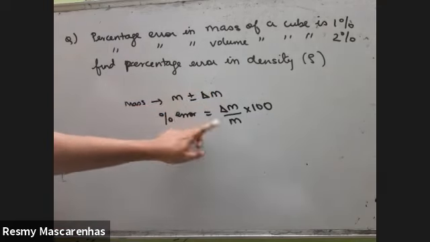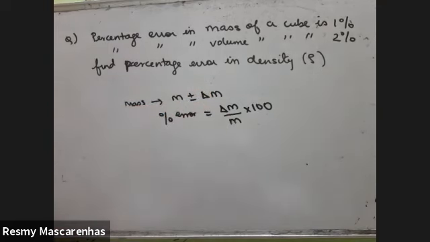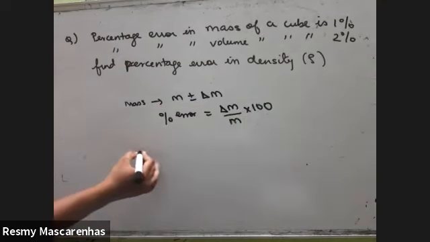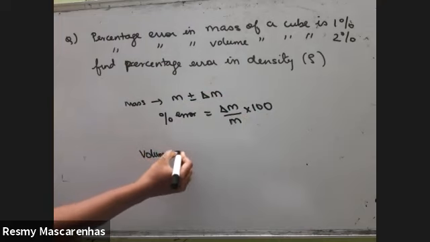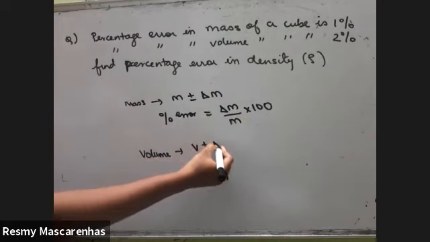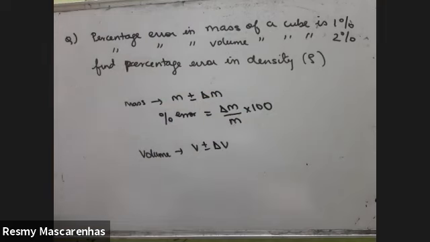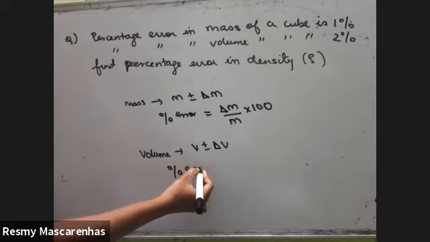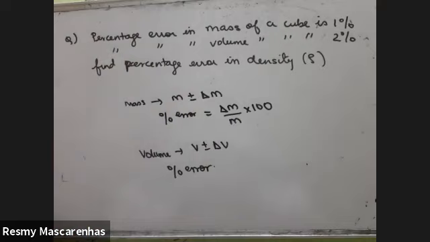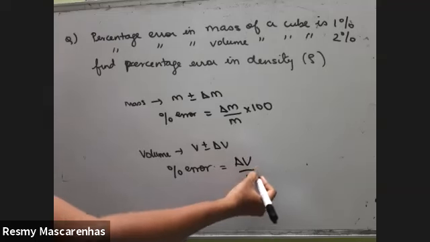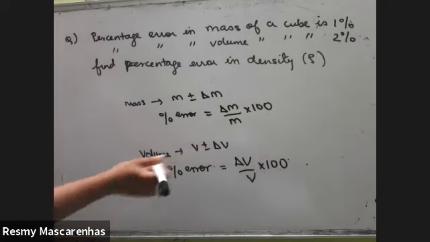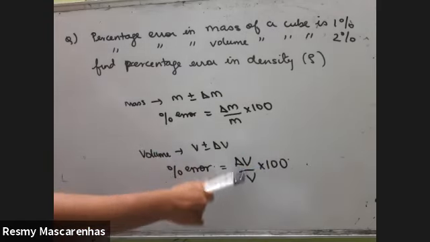Delta m upon m into 100. How we have just now done? Delta rho upon rho into 100. Same way, can anyone tell me what will be the formula for volume? What is the percentage error for volume? Yes, that will be delta V upon V into 100. So given any this, we know how to find the percentage error.